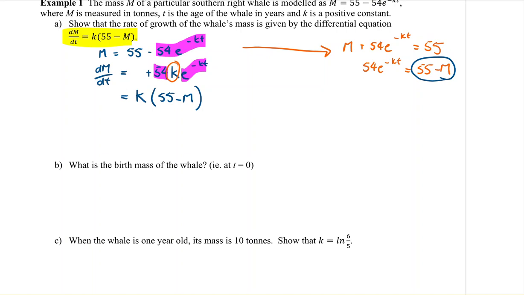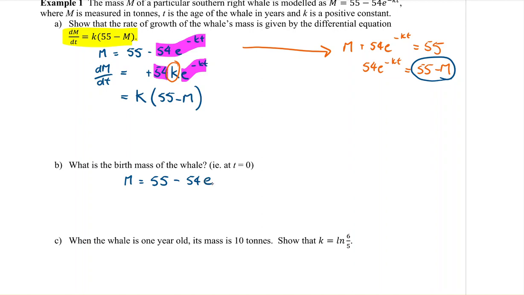Part B. What is the birth mass of the whale? And it even gives you a clue there, i.e. when time equals 0. So all I want to do is take my equation for m and sub in when t equals 0. So that's the original equation for m, which was the 55 minus 54e to the minus kt.